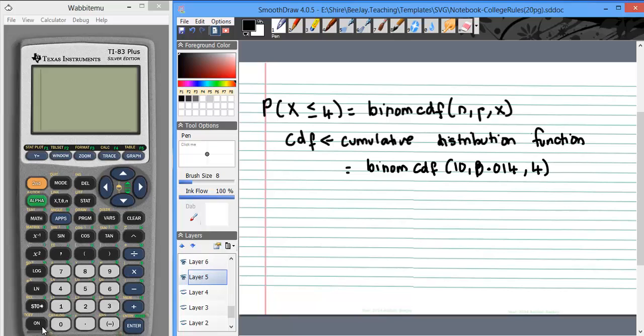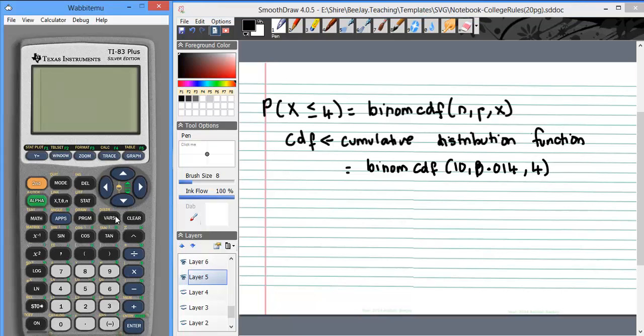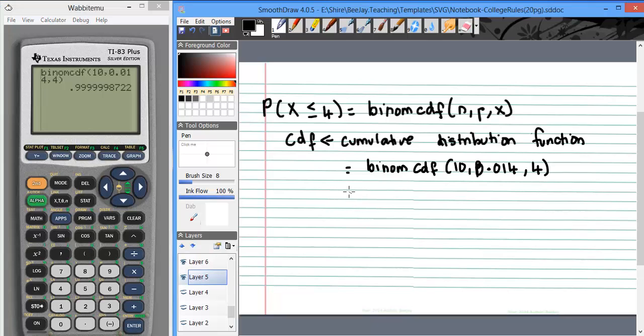So on a calculator, all we have to do is press second distribution again, scroll down to binom CDF, not a PDF, we have to use a CDF, press enter and press 10, comma 0.014, comma 4, and that answer turns out to be 0.99999, which is approximately equal to 1.